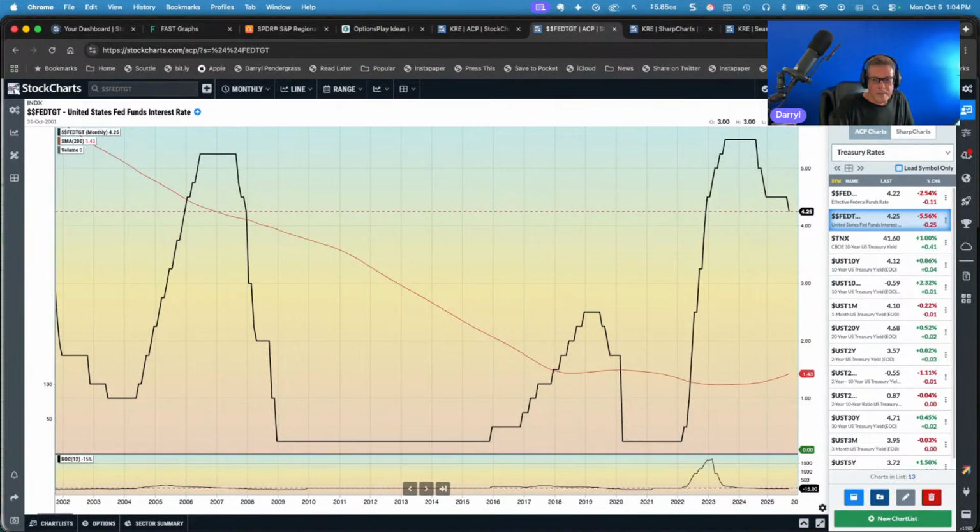This goes from about 2001 all the way to the current time. We can see that we have had in the past, this was during the great financial crisis, we did have the Fed target rate sitting at about 5.25. That eventually tapered off, and we were in a very low interest rate environment from about 2009 all the way until 2016.